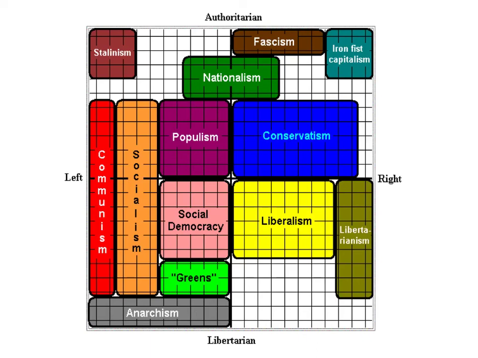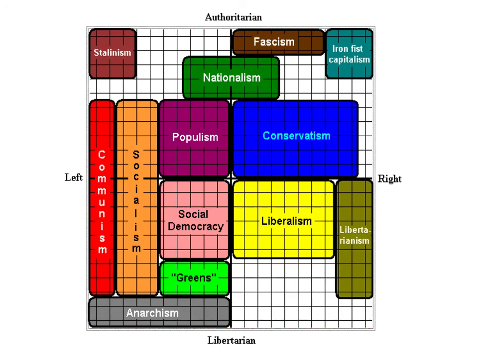However, you also have, say, agrarian socialists who believe that socialism will occur relatively spontaneously, naturally, without any kind of pressure or force involved. And those socialists are more at the bottom of the socialism rectangle here.